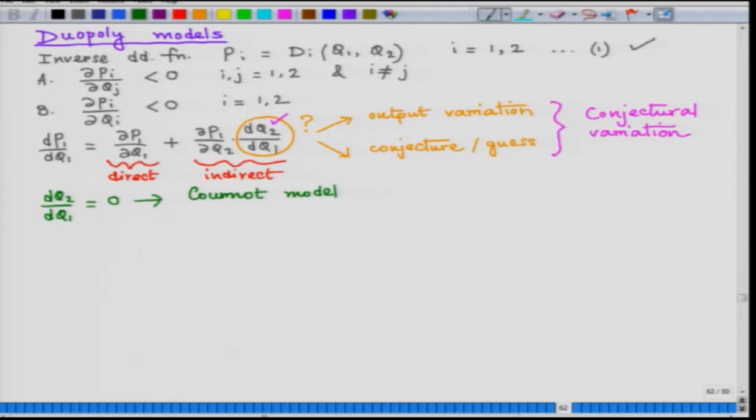Now, when Cournot assumes this, then what does he actually mean? So, there are two interpretations of this.